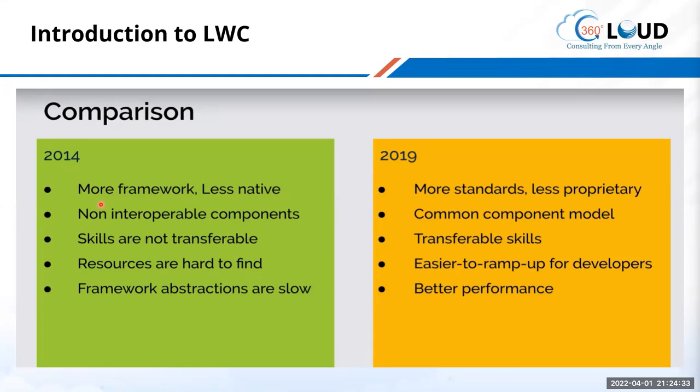If you are working on React JS or Node.js, then there are different thick layers of framework, so you have to learn the Aura component model again. But here there is a common component model. It means the common HTML, CSS, and JavaScript knowledge is enough to adapt to LWC development. So it is also a transferable skill.